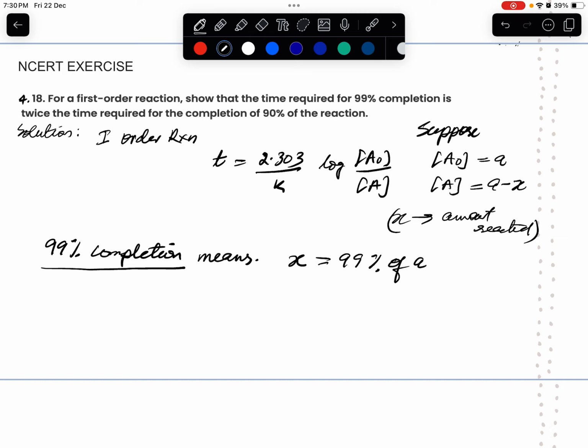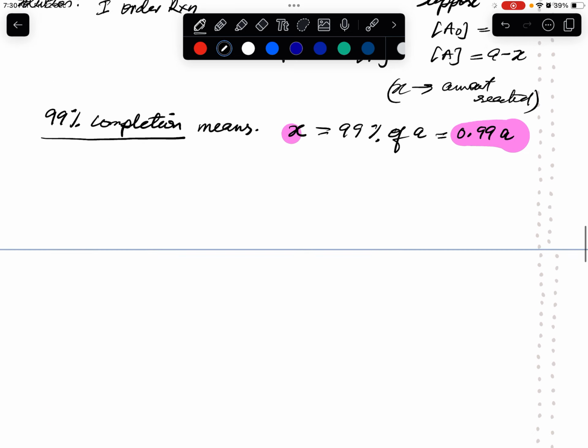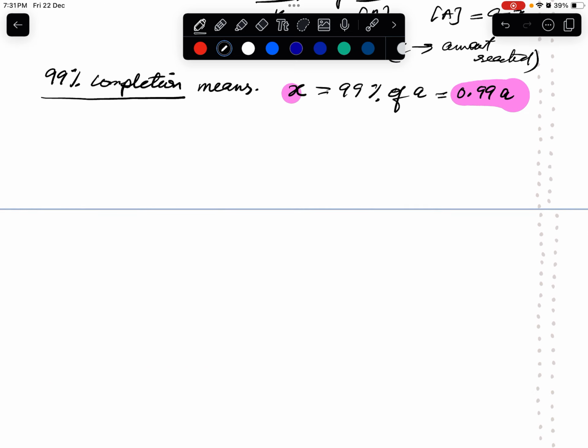Whatever amount is there initially, 99% of it is converted into product. Since it is 99%, it will be 99 by 100, therefore it is 0.99 a. This is the value of x, the amount reacted.